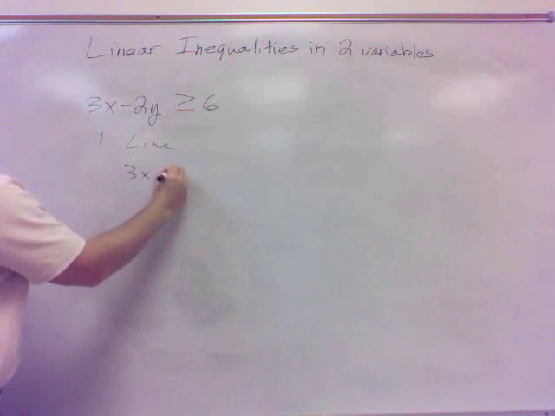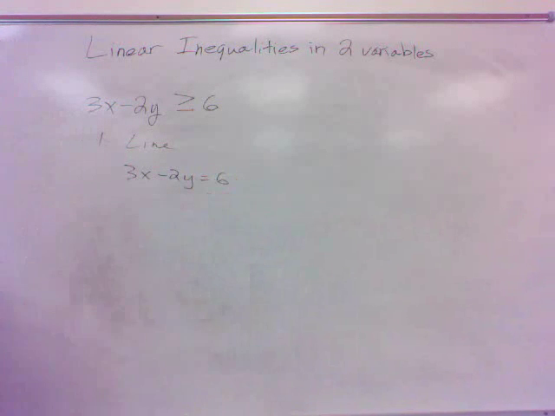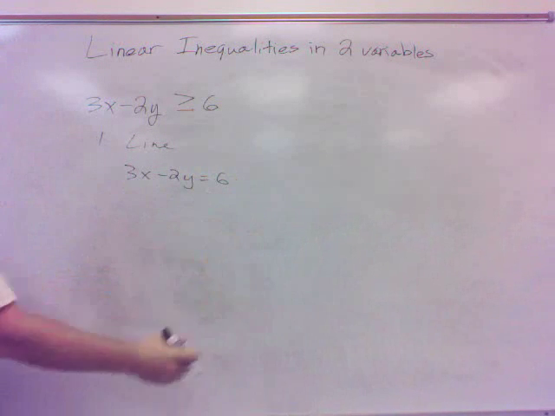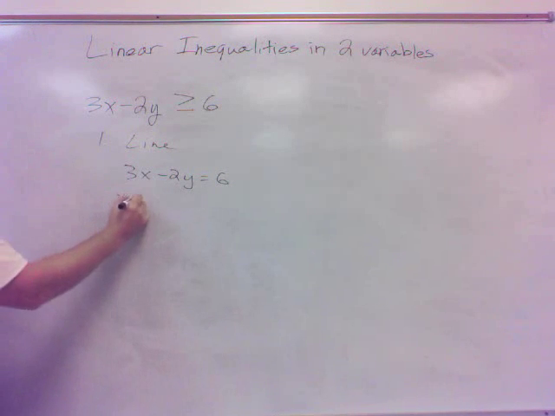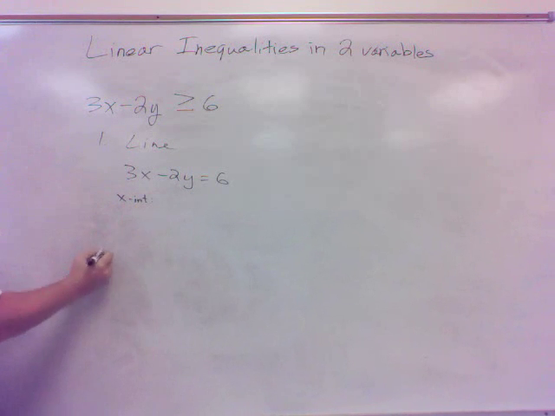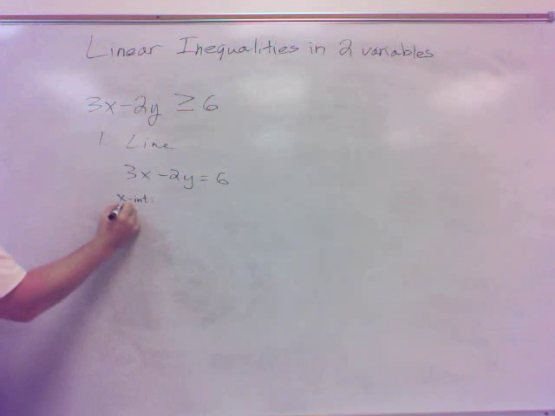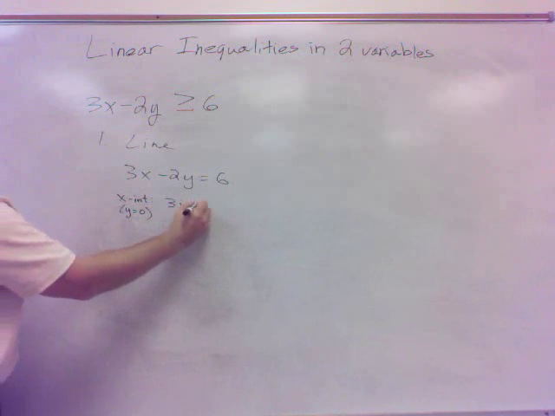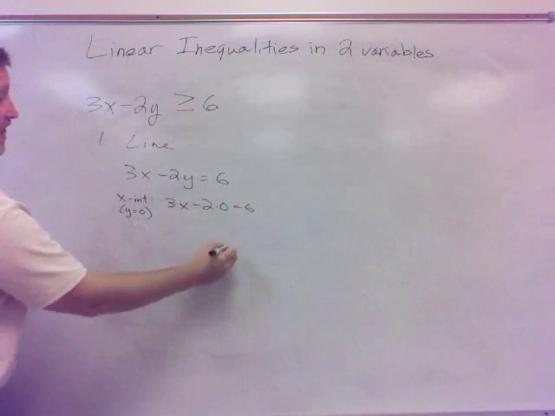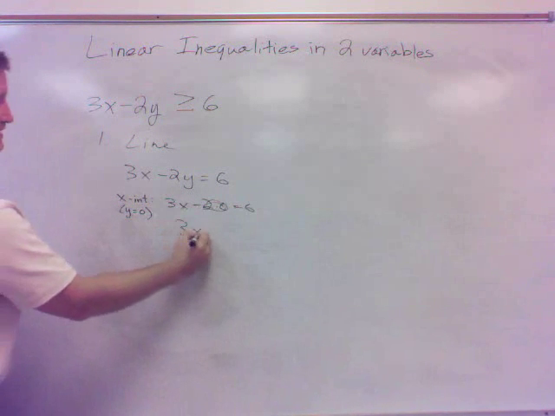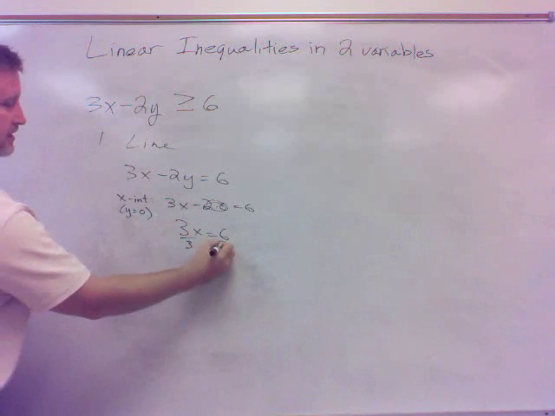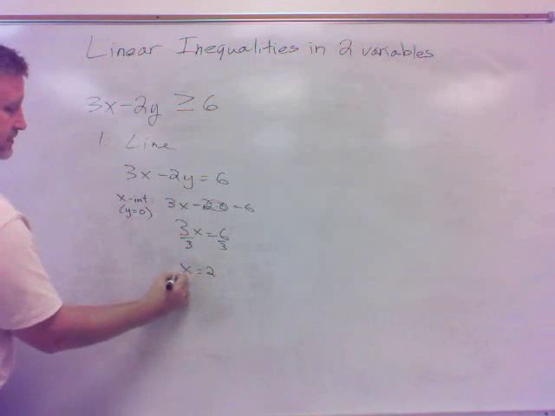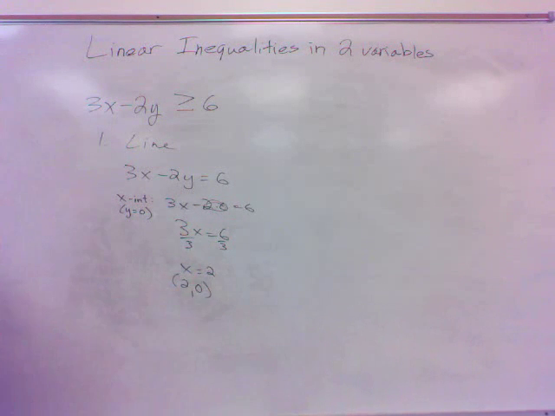So 3x minus 2y equals 6. Like I said, you can do it however you want. I tend to do the intercepts. For the x-intercept, set y equal to 0. That's 0, so that's 3x equals 6. Divide by 3. My x equals 2, so my x-intercept is 2, 0.